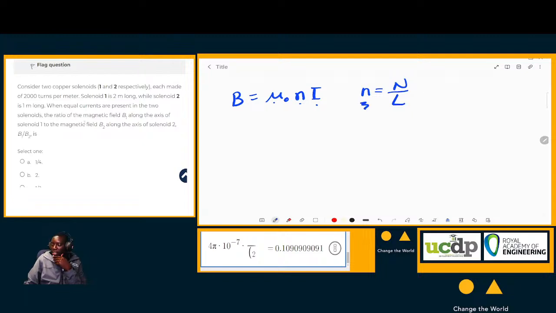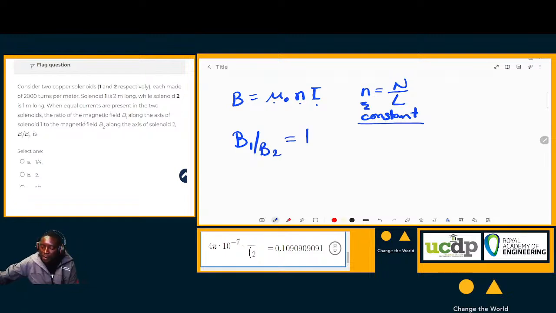So that keeps this ratio constant. So we have the same number per unit length. So if the length is twice, the number is also twice. And that gives us the same magnetic field, such that B1 over B2 is a ratio equal to 1.